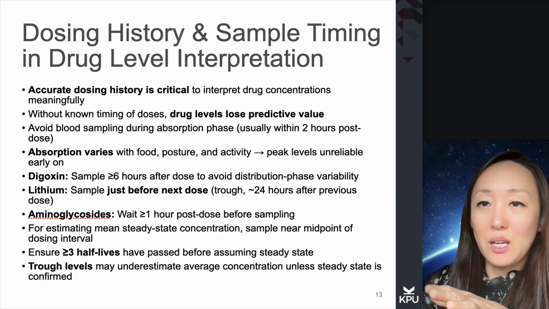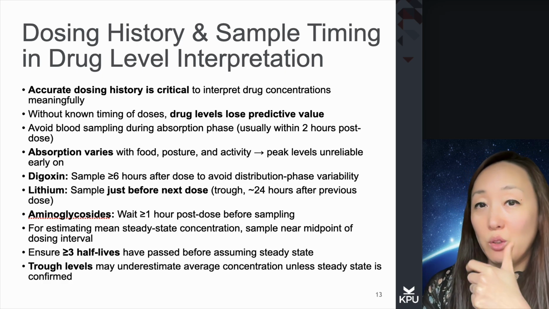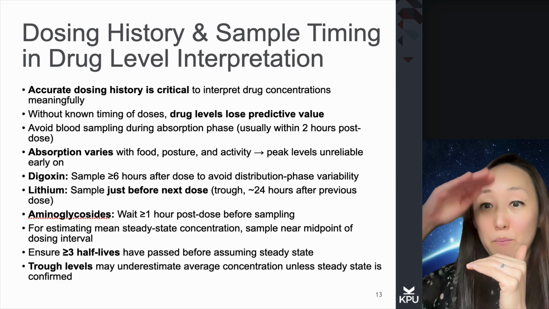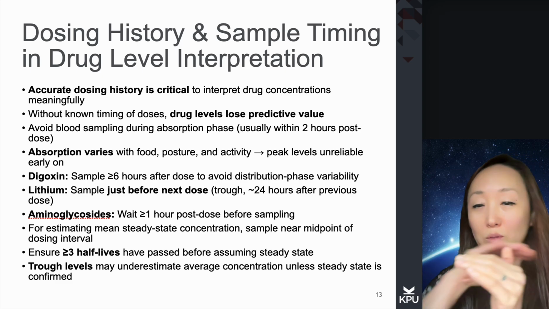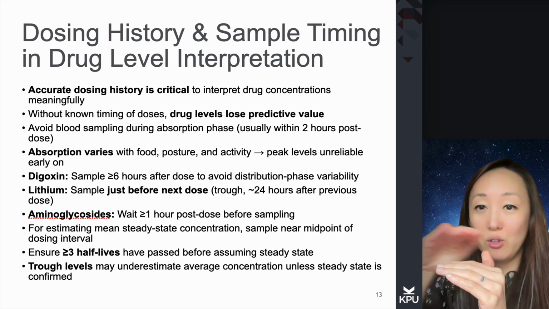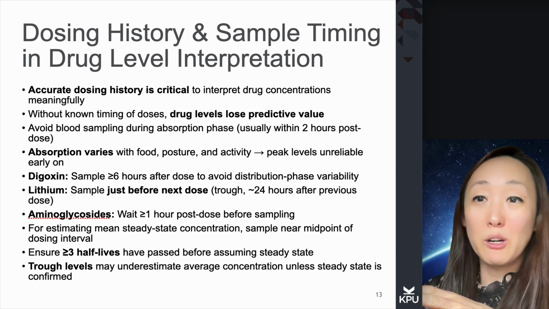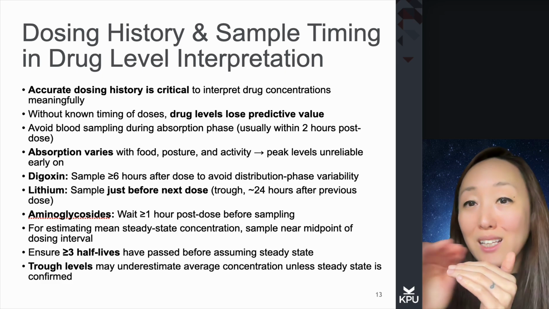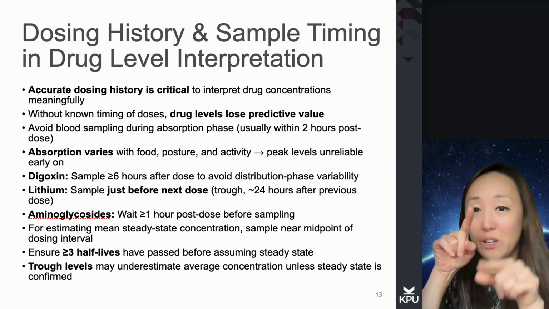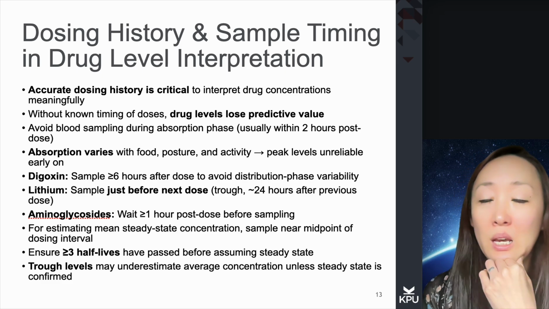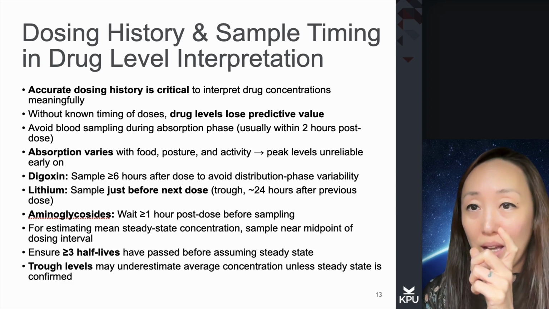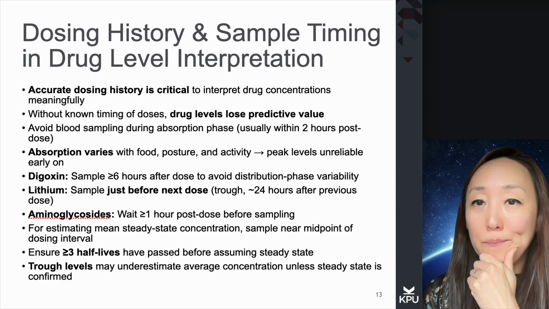So the best time to sample is around midpoint of the dosing interval and not at the peak or not at the low. Remember that average desired target concentration, and that would better reflect the mean steady state concentration, especially with intermittent dosing, which would correlate to that average drug exposure over time.